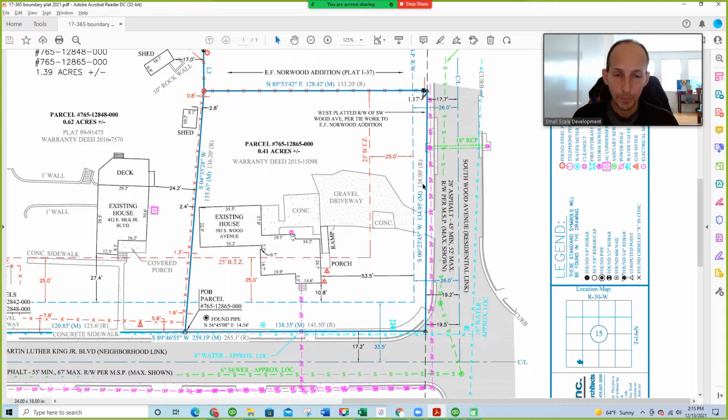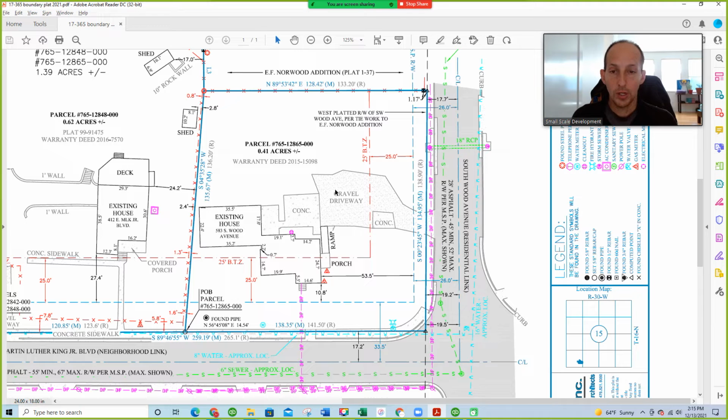Now, what I mentioned before is that in Fayetteville, you can split a lot 3 times into 4 total lots before it goes to a larger scale development. So that's kind of where our focus is, staying small, not doing huge development. So splitting it 4 times, that's one option.